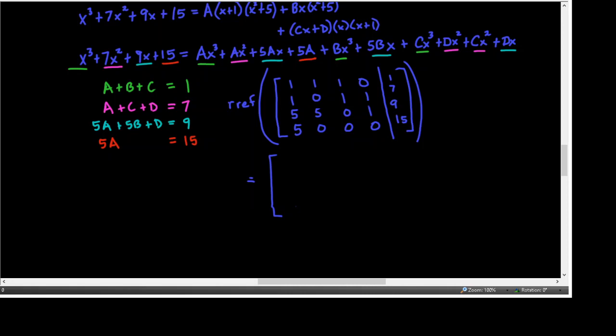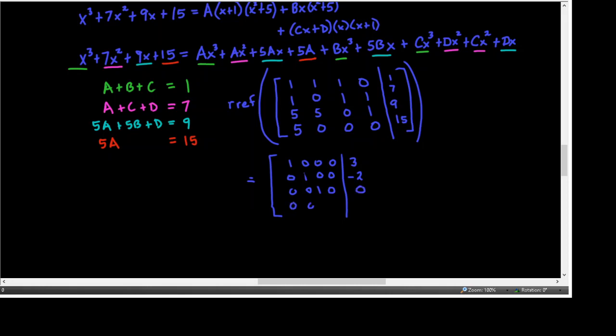All right. So when you do this in your calculator, you should get 1, 0, 0, 0, 3. No big surprise there. That means a is 3. 0, 1, 0, 0, negative 2. 0, 0, 1, 0 is 0.